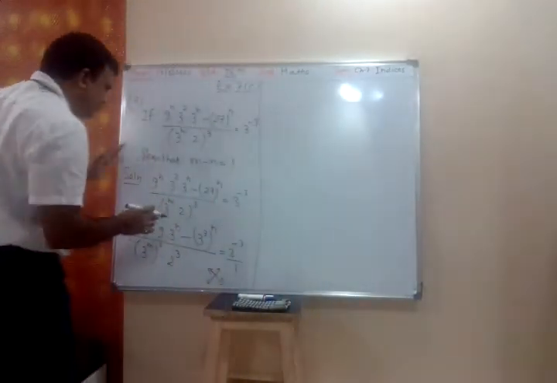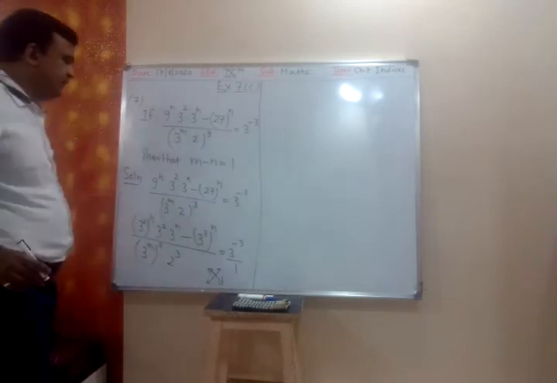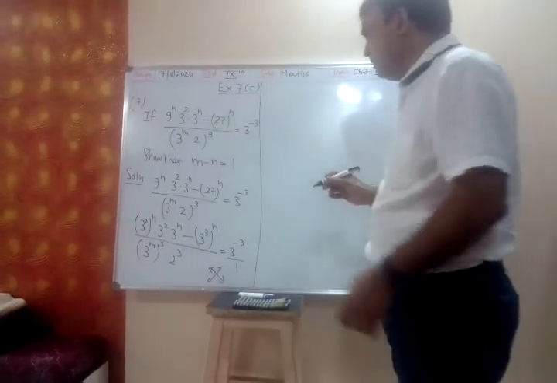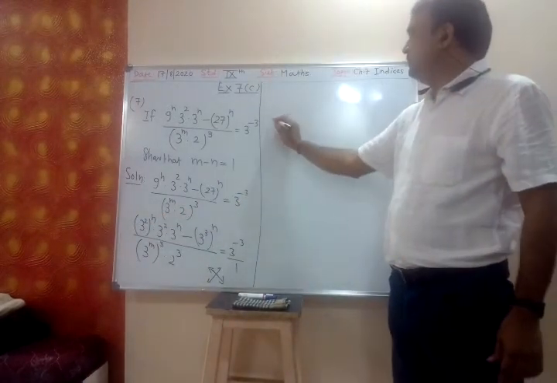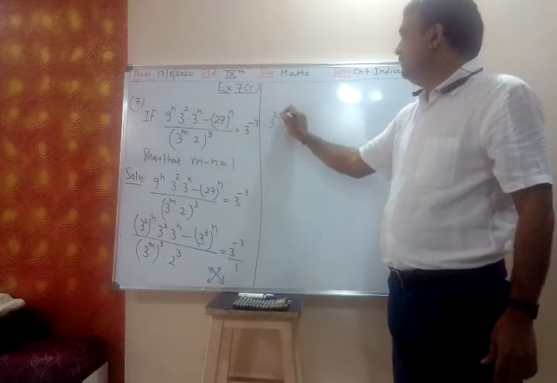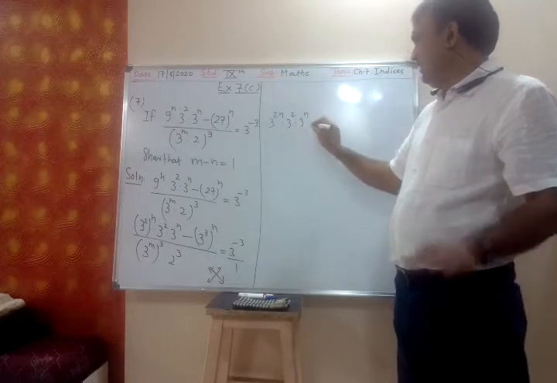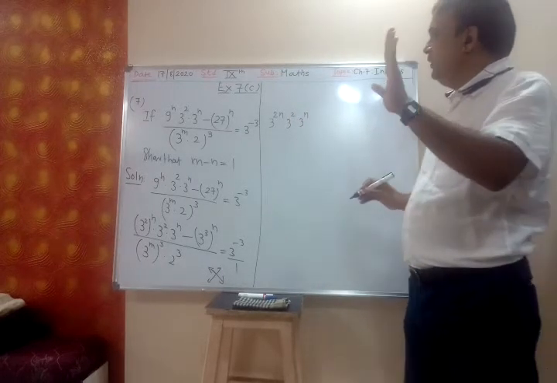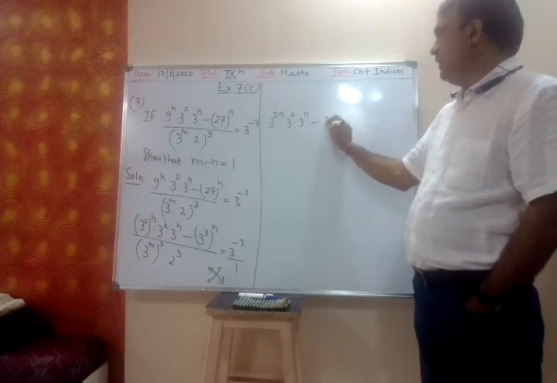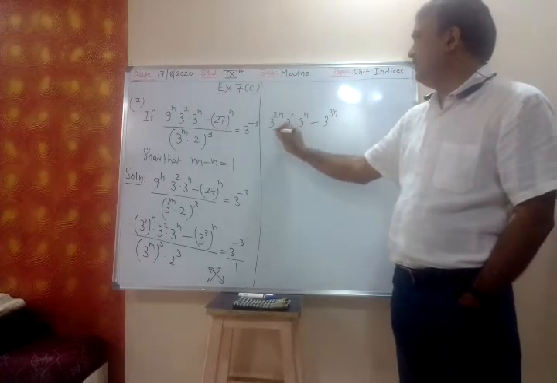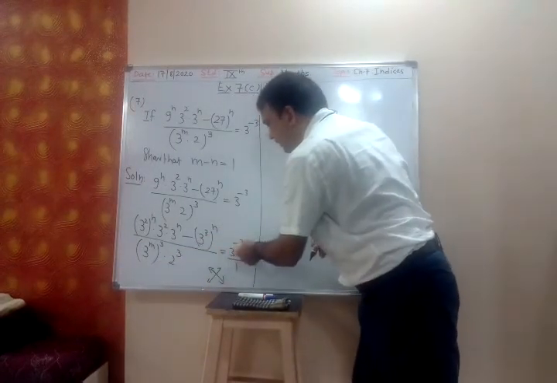You can write 3 raised to 2, no problem. We proceed with 3 raised to 2. Now it is power raised to power, so you have to multiply the power, that becomes 3 raised to 2n into 3 raised to n minus 3 raised to 3n is equal to, now I will cross multiply this.